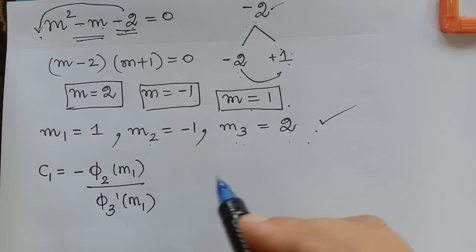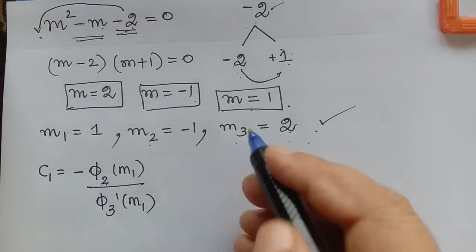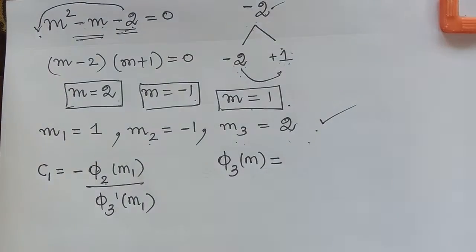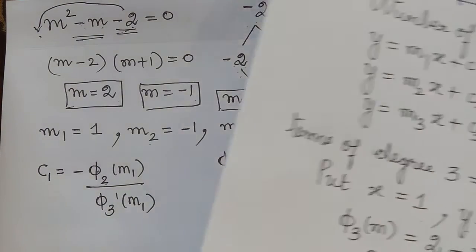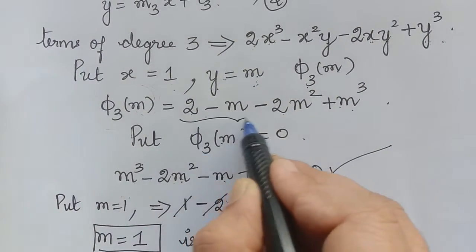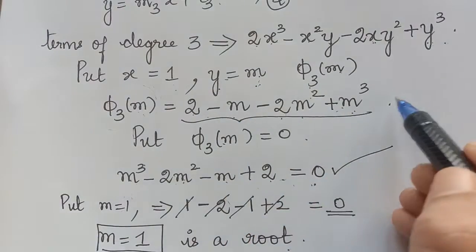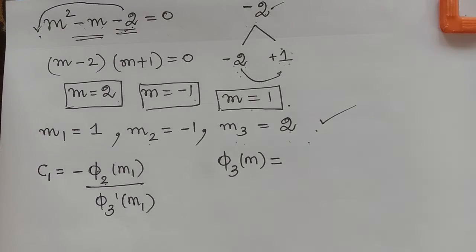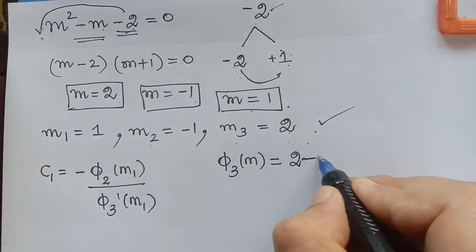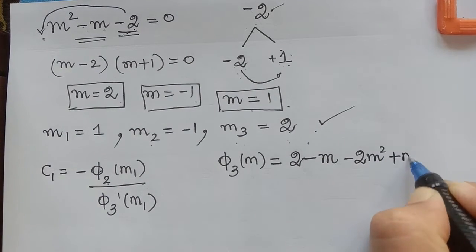So in general, first of all we should find phi 3 dash of m and phi 2 of m. We know that phi 3 of m we already wrote previously. Phi 3 of m is 2 minus m minus 2m square plus m cube.